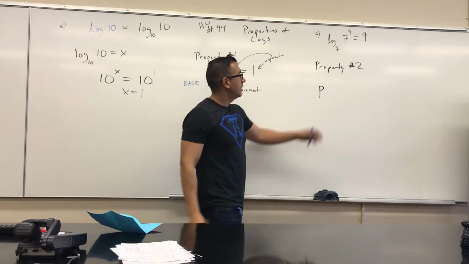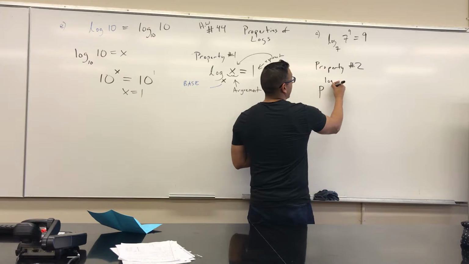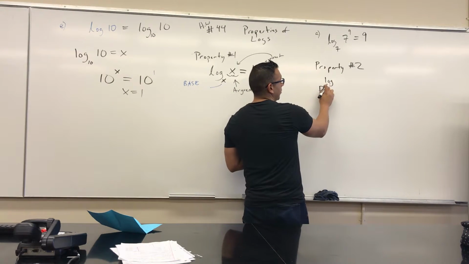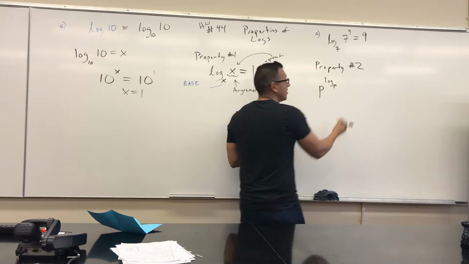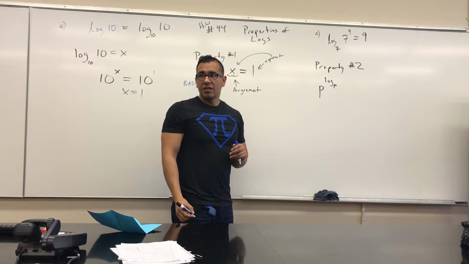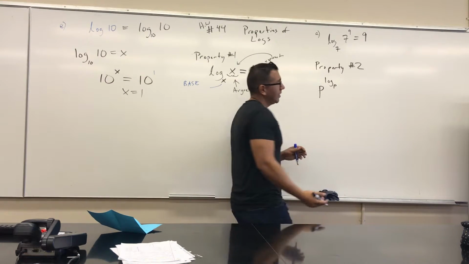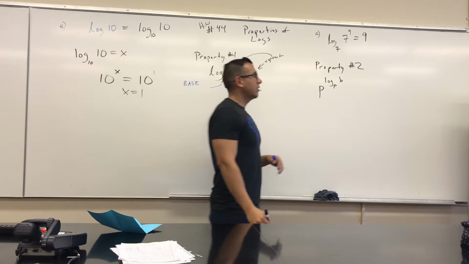Our base is P, and our exponent has a log in it, so log base P. This one's going to make you drop your phones. And then let's say my argument is B.